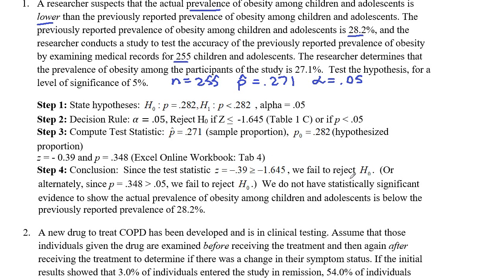So we would fail to reject the null hypothesis. It's not more extreme. Or our p-value of 0.348 is greater than 0.05. So again, we fail to reject. So we would say there that we do not have statistically significant evidence to show that the actual prevalence is below the previously reported 28.2.